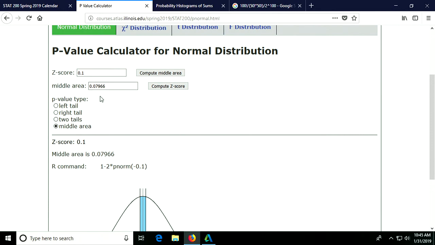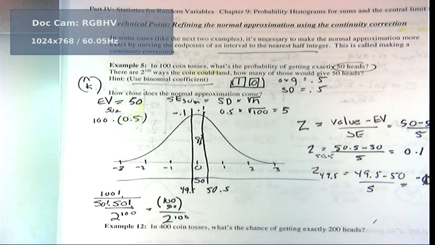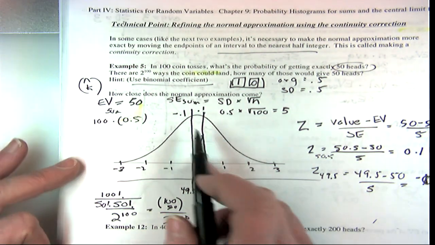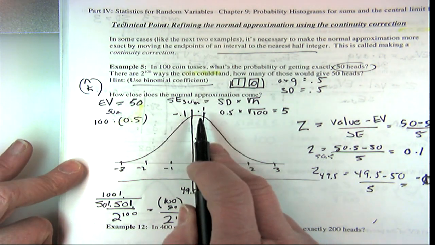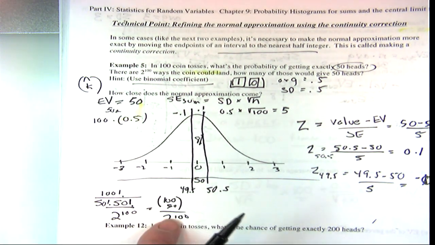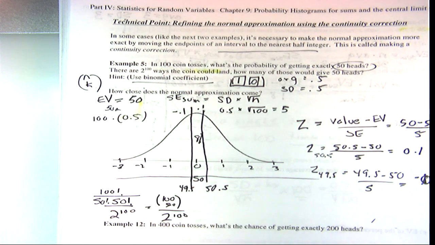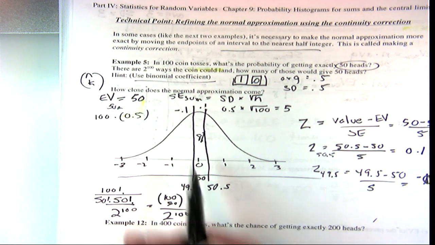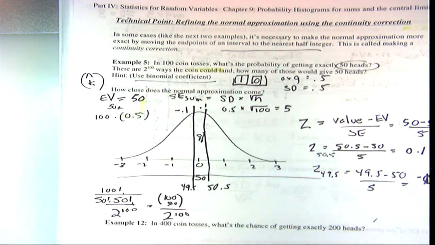So the normal curve does a very, very good approximation. This is the exact probability when you calculate this. And the normal curve gives something there. I just want to show you how good the approximation is.